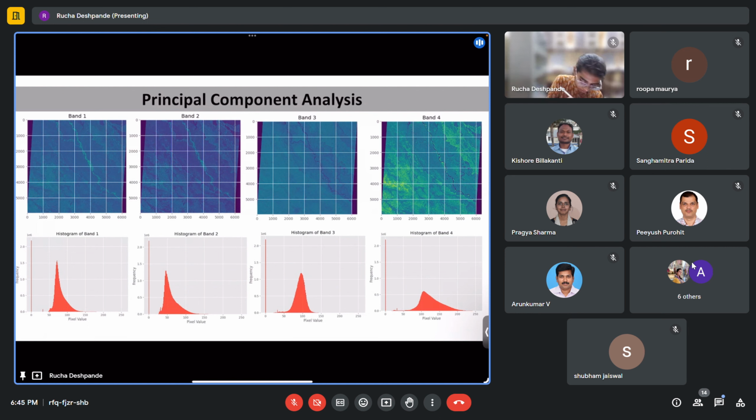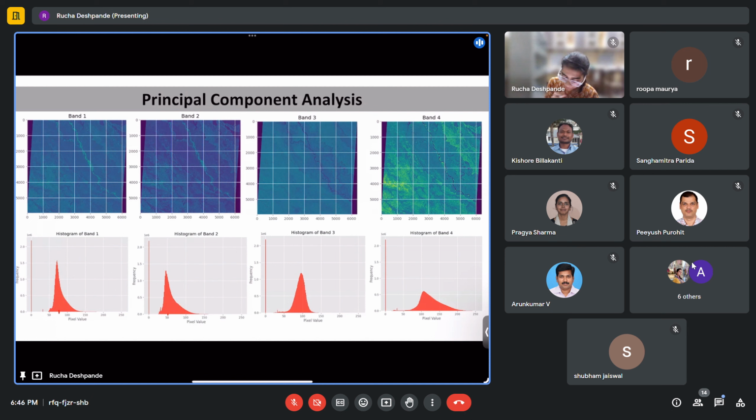For band 1, we see that the histogram is centered around 75 to 80. In band 2, it's centered around 50, but both band 1 and band 2 are spanning a similar area and their shape is also similar.